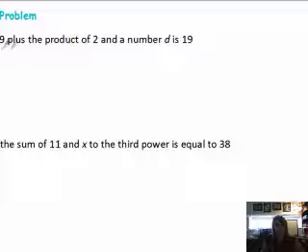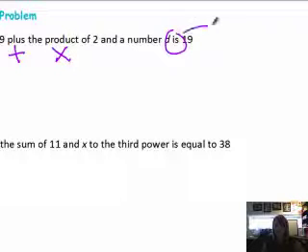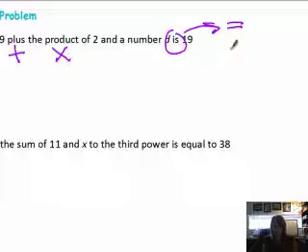Let's look at this problem. 9 plus, what does plus tell you? When you see plus, we need to think addition, plus the product, that's multiplication, of 2 and a number d is 19. Is always is that equal sign. So now we're not just going to get an expression, but we're actually going to get an equation. An expression does not have an equal sign.